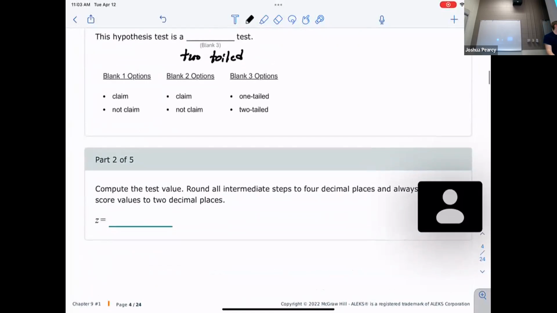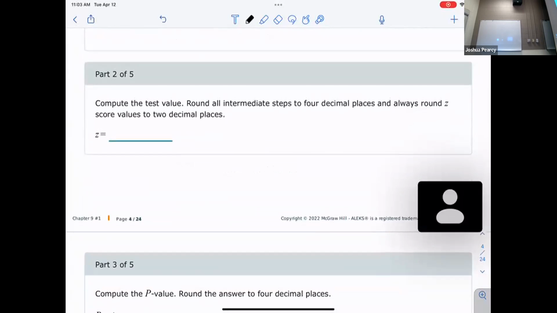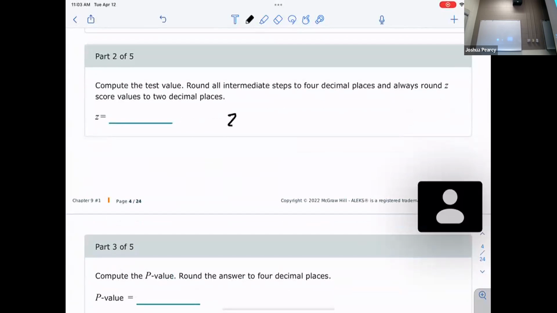Now the next part is compute the test value. So how did you find the test value? The z-test, this is section 9.1, was x1 bar minus x2 bar divided by what?